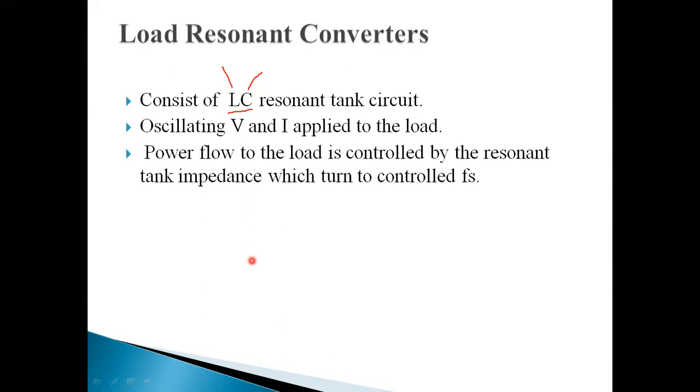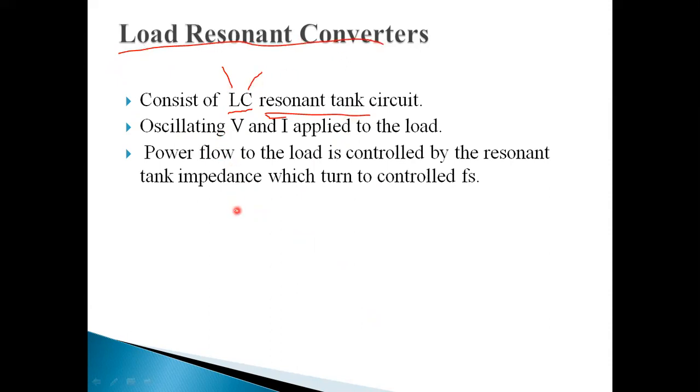So we can say that the load resonant converter consists of inductor and capacitor components, but in which form? The resonant tank form. Tank form means one circuit which consists of both inductor and capacitor, but in tank format. So we can say that the load resonant converter consists of an LC resonant tank.